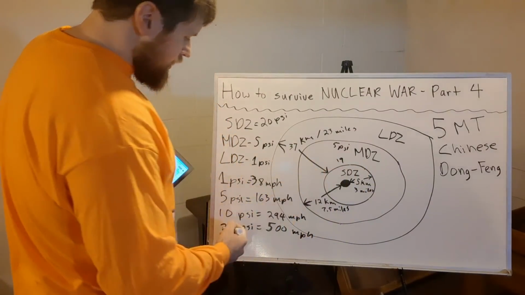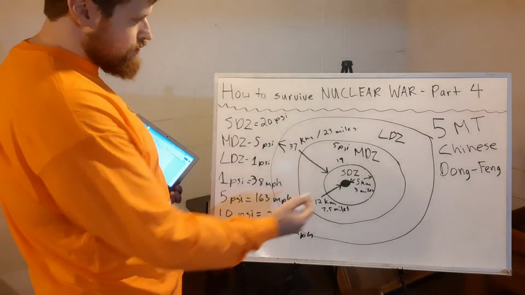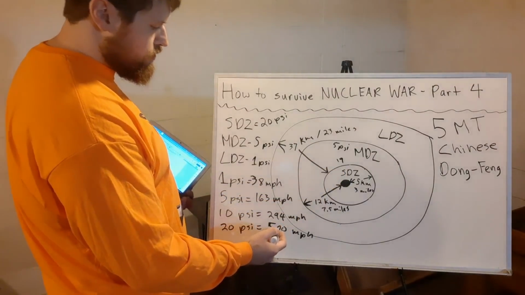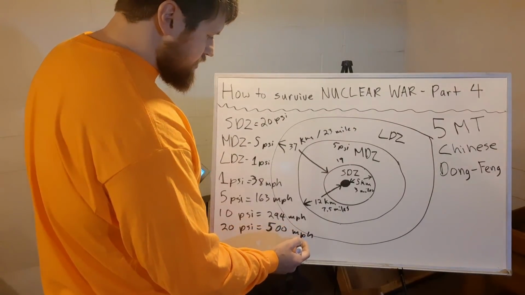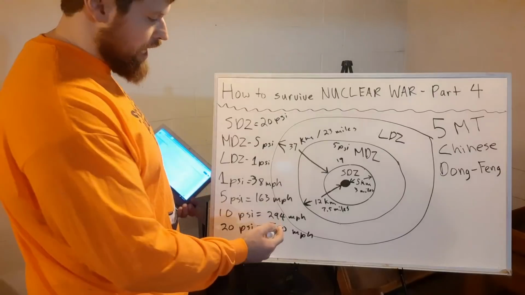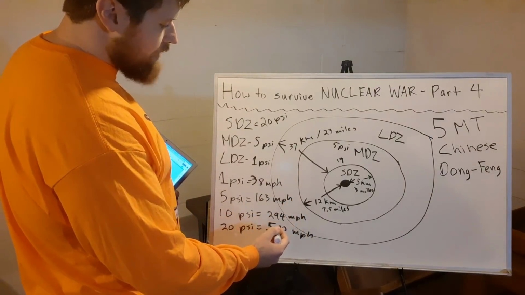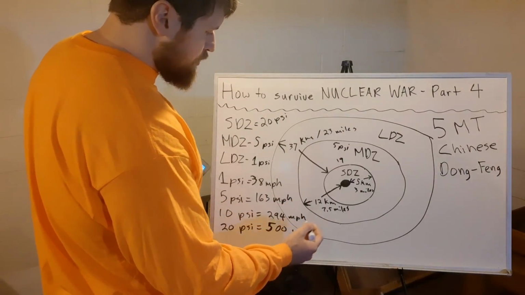And the 20 psi, the severe damage zone, you're talking about a wind of 500 miles per hour, guys. That's how strong the wind from the blast wave is going to be, 500 miles per hour.